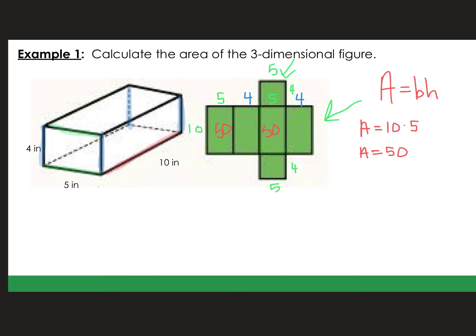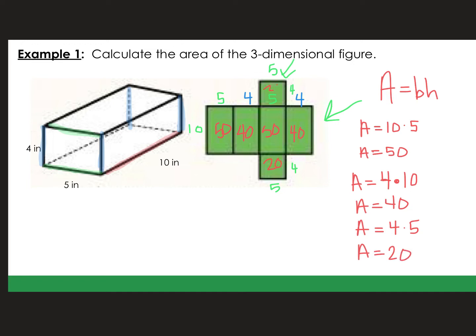And then the 4 by 10, four times 10 is 40. So we would have 2 pieces that are 40. And the last one that we have is a 4 by 5. So 4 times 5. So area of each one of those sections equals 20.